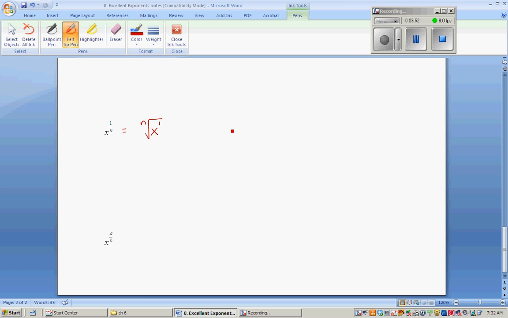So some examples would be x to the 1/2. That x to the 1/2 means it's just saying it wants the square root of x. All right? If you had x to the 1/3, it's saying the cube root of x. You can put the little 1 there if you would like. That's what it's saying. So when it's 1 over something, it is the root of that.